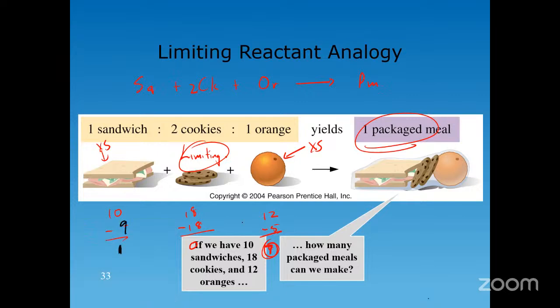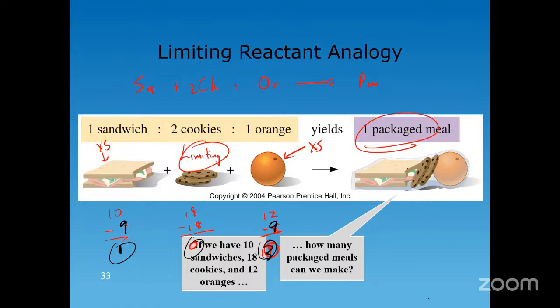So 1 would be left over here, and 9 oranges used, so you're gonna have 3. I'm sorry about that. So you're gonna have 1 sandwich left over and 3 oranges left over, no cookies left over. So again, it still remains that the oranges and the sandwiches will be the excess items.